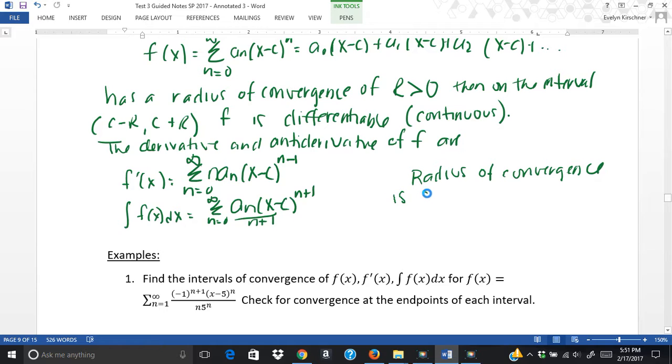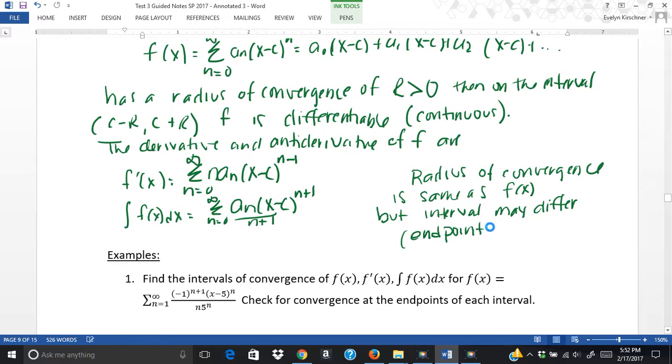So is the same as for the f of x itself. So for the derivative and integral it is the same as the original, but the interval may differ. So we have to look at the endpoints. We still have to check the endpoints because with those two functions, it may be something different.